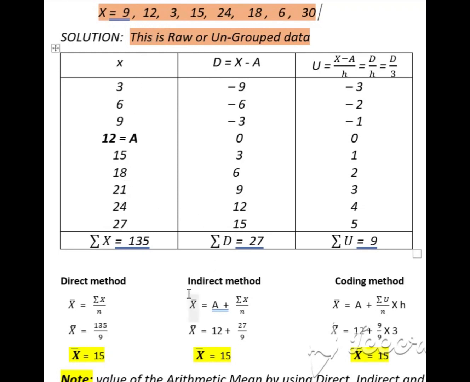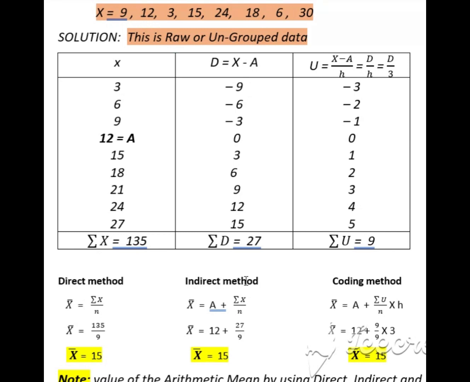Now for indirect method, which is also called step deviation method, the formula is x bar is equal to a plus sigma d divided by n. If you know these formulas, direct method, indirect method and coding method formulas for calculation of arithmetic mean, then you can understand this video properly. So first you have to learn these formulas that I explained in the previous videos.